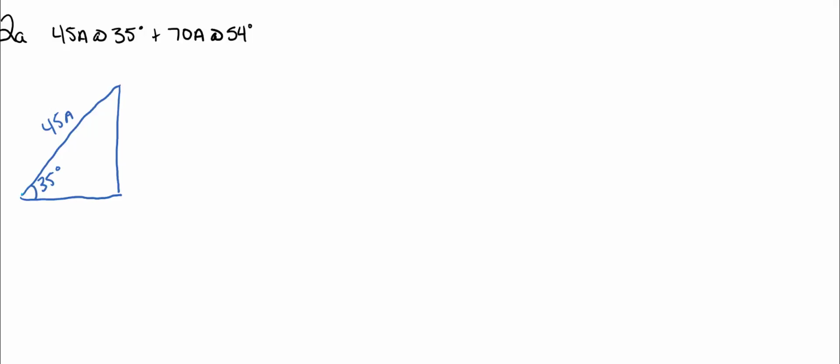Triangle number 2, 70 amps on the hypotenuse, 54 degrees. Perfect. So now we can start to solve for the other sides. Let's start by using our sine function to find the opposite. So sine theta is equal to the opposite divided by the hypotenuse.